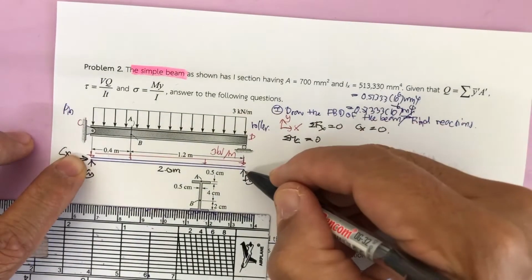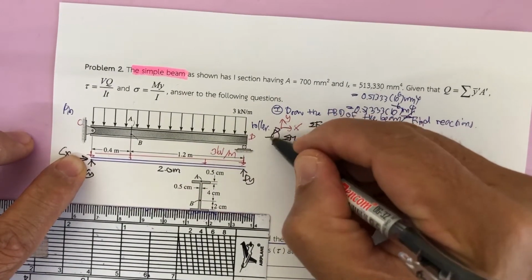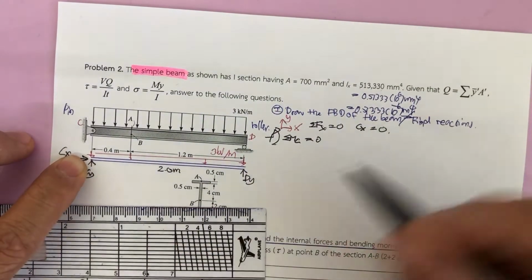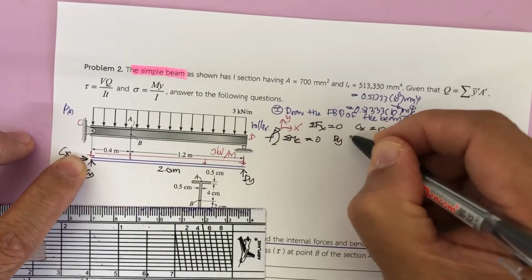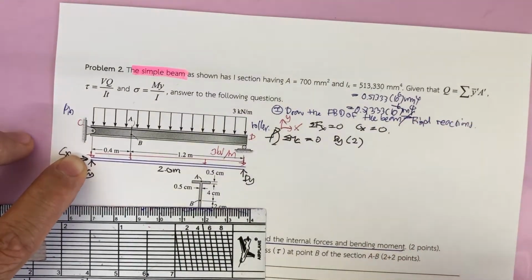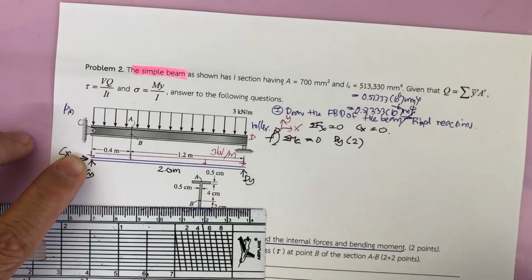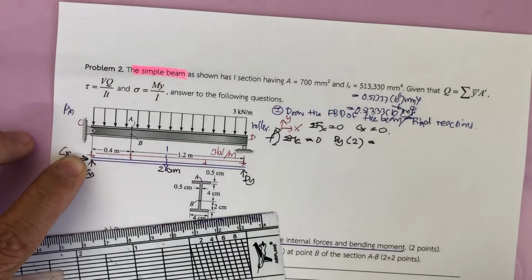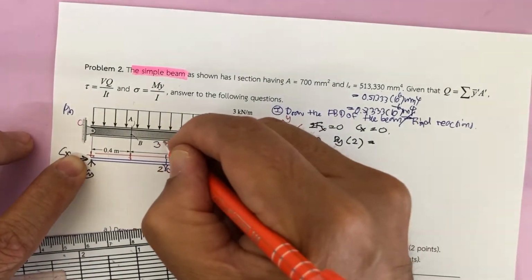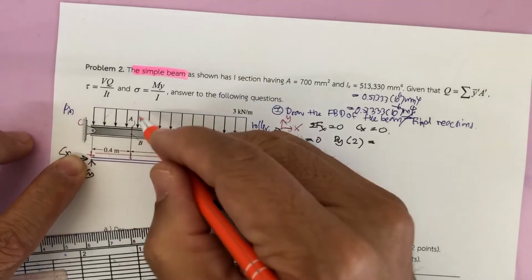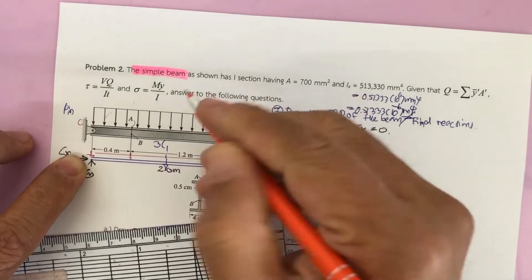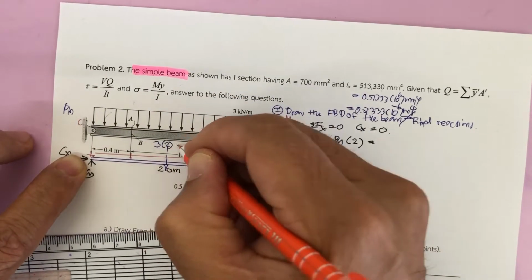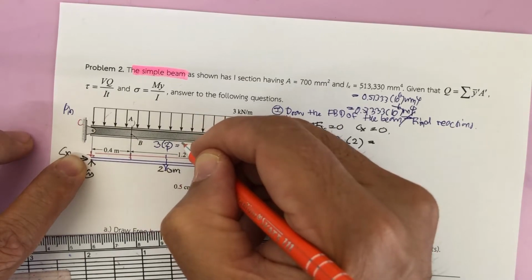So D sub Y is going to rotate counterclockwise about C, so you have D sub Y times 2. This is equal to the resultant of the uniformly distributed load, which equals the area of the uniform load. That is 3 times 2, that is going to be 6, right?